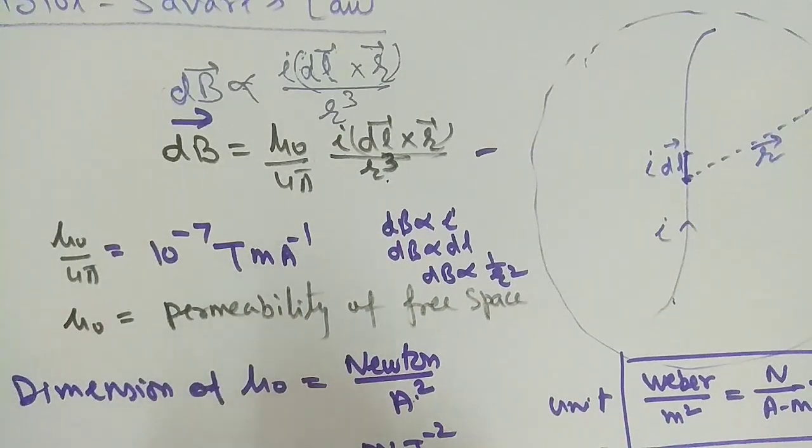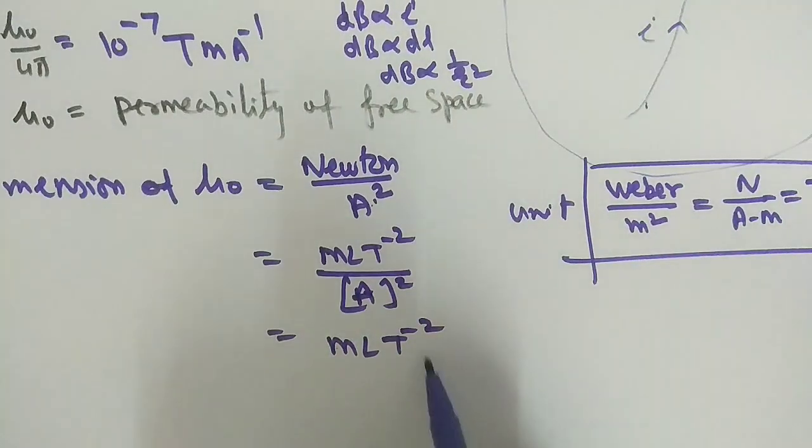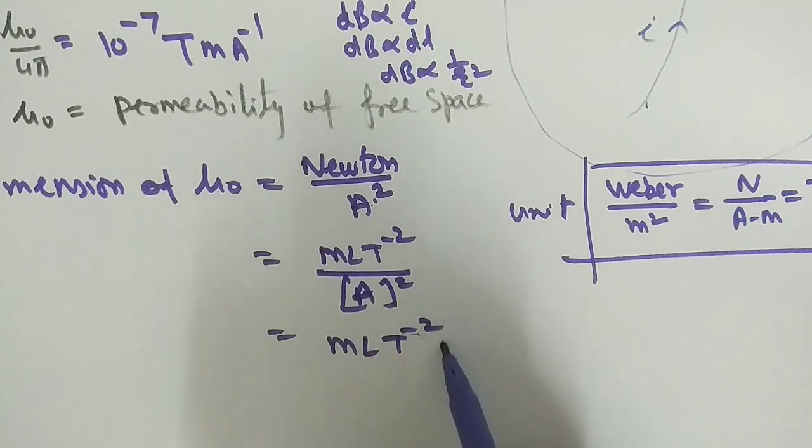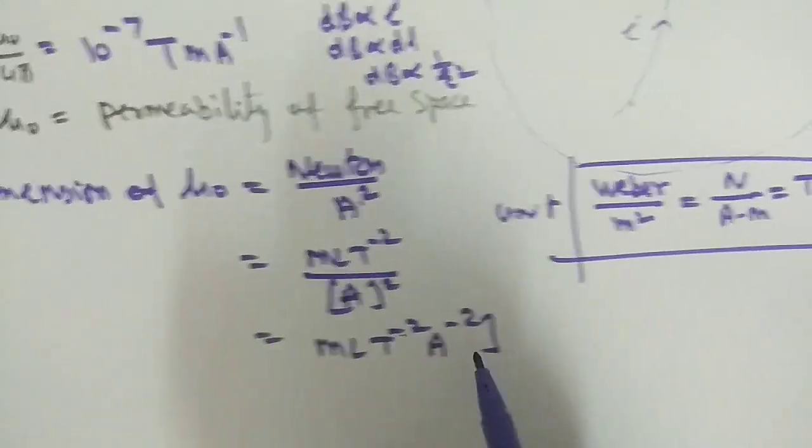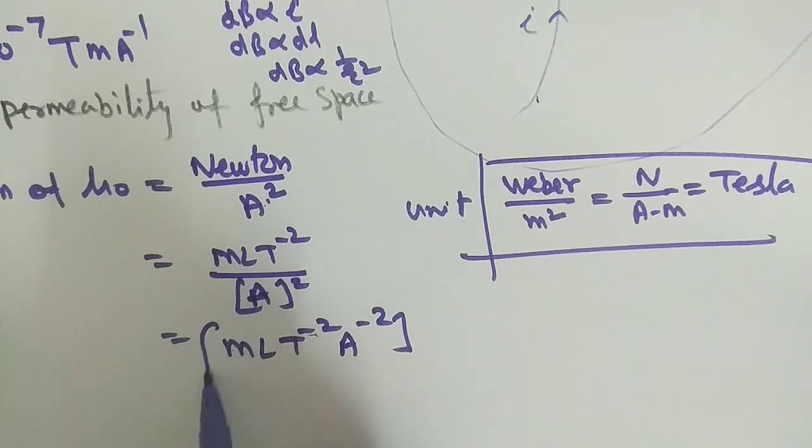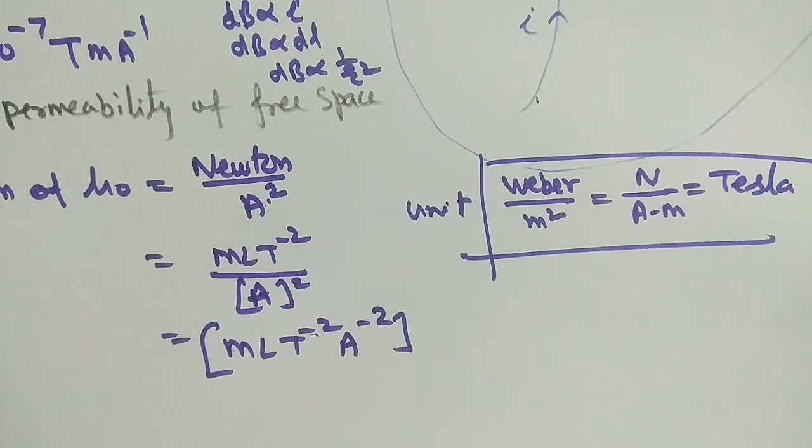So its dimension formula is MLT to the power minus 2 A to the power minus 2. Okay, so this is the dimension of mu naught. I think it's clear.